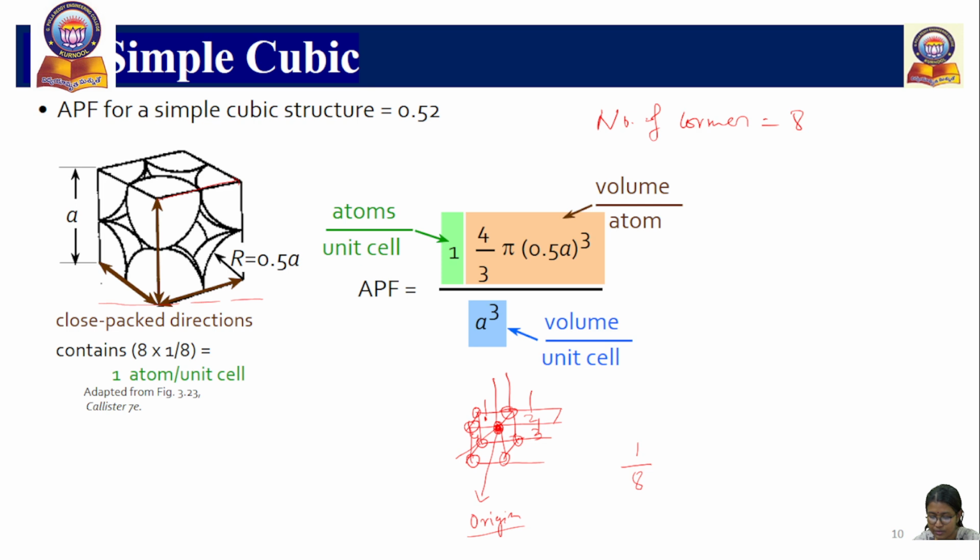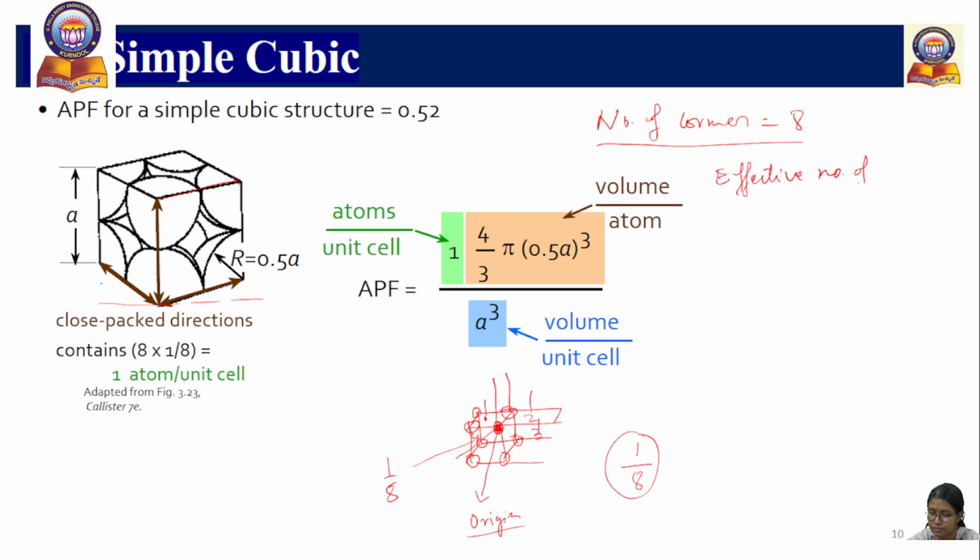This unit cell, if we take this one, is only taking 1/8 part of this corner atom. Similarly for the other corner atoms, how many corners altogether? Total 8 corners. So from every corner, we have a contribution of only 1 by 8, because every corner is shared with 8 nearby unit cells. How? Just now we have seen that in this floor only 4, top floor 4 more, 4 plus 4, 8. So what is the effective number of lattice points then?